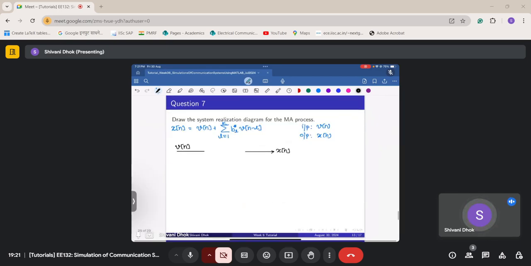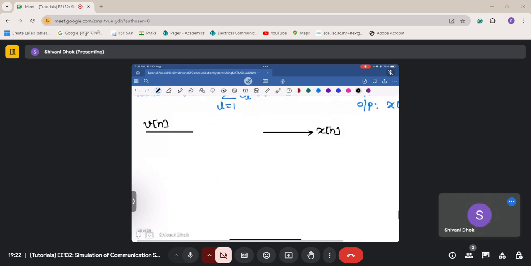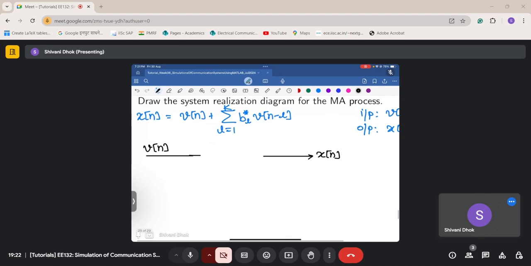Okay, so this is what we are having. So this V of n gets added. Let me take this out. So this V of n is delayed by 1 unit.